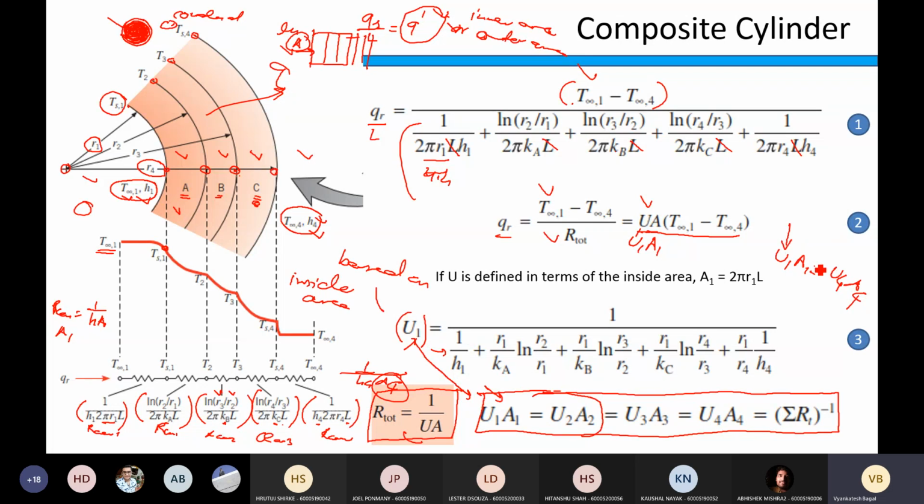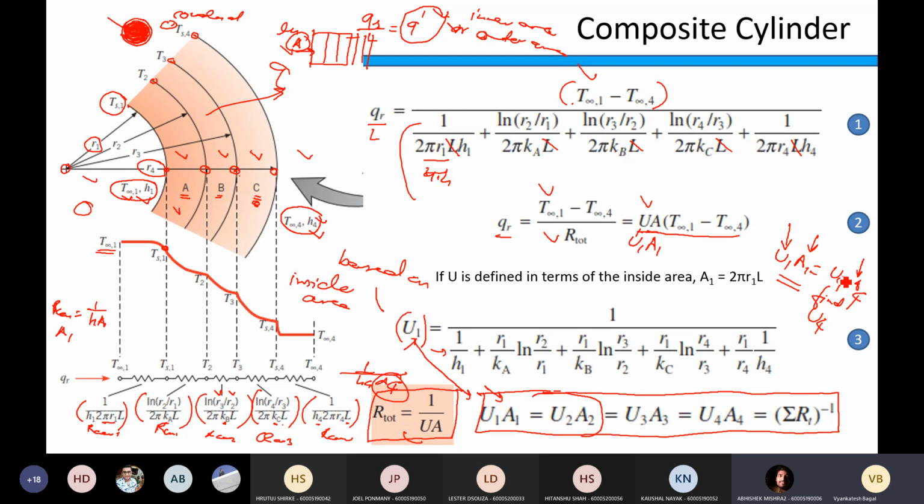So you know U1, just now you calculated. A1 is known, A4 is known, you can calculate, and this is how you can find U4. So there is no need to rewrite this kind of expression for U4. The moment you know this, you can calculate this. Is it clear?